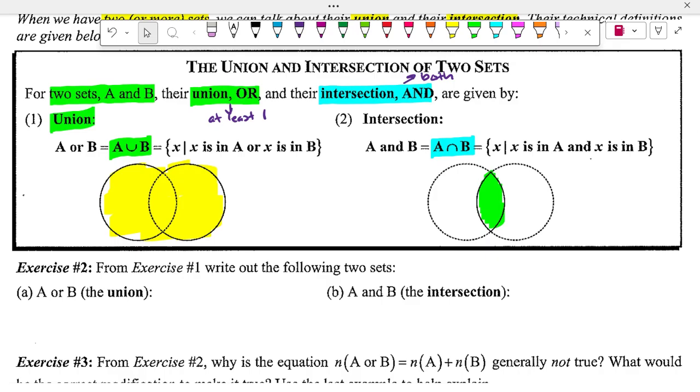So here's another example that you may understand, you may not. Let's say I had a domain of some function that was from negative infinity to 6, and then from 7 to infinity.